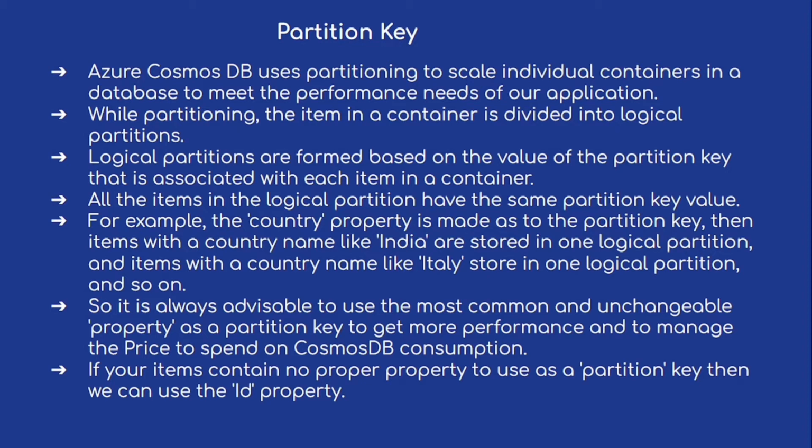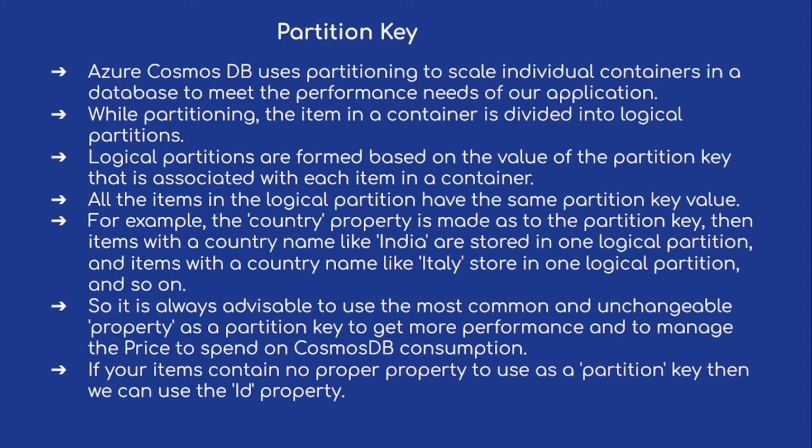If an item contains no proper property to use as a partition key, then we can use the ID property. We know that the ID property will be unique. So if I have 100 documents, it will form 100 logical partitions because every value is unique.